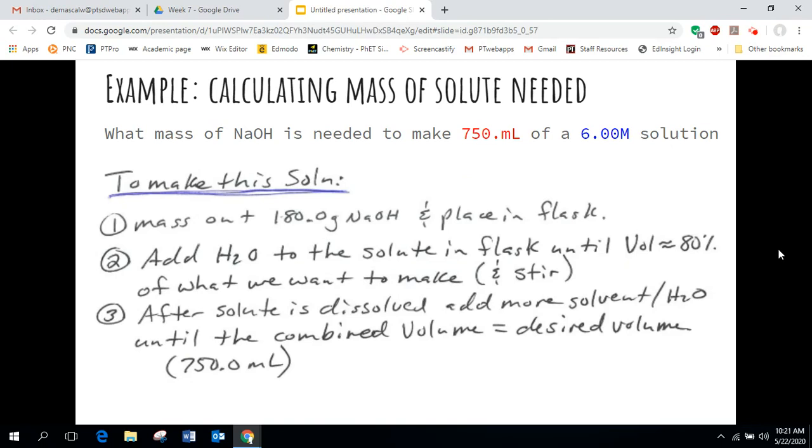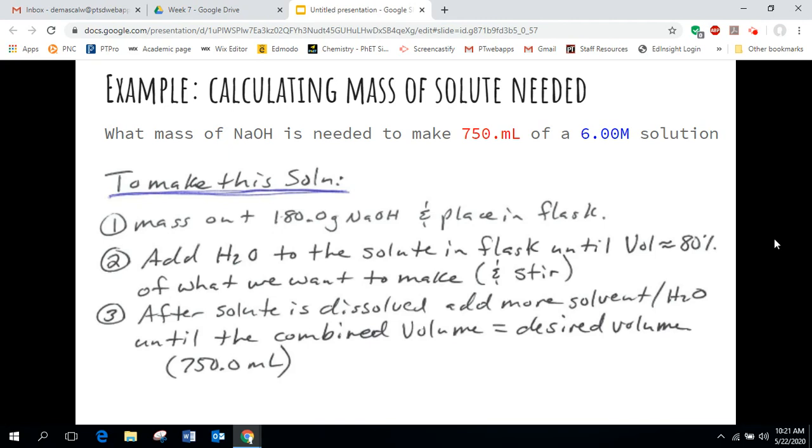First, we'd mass out the 180 grams of our sodium hydroxide, and we'd put that in a container that could hold at least 750 milliliters. Then we would add some water to that container until we were at about maybe 700 milliliters. Mix that all together, stir it up until all the sodium hydroxide dissolved, and then finalize it by adding enough water that your total volume of solute and solvent together would be 750 milliliters.